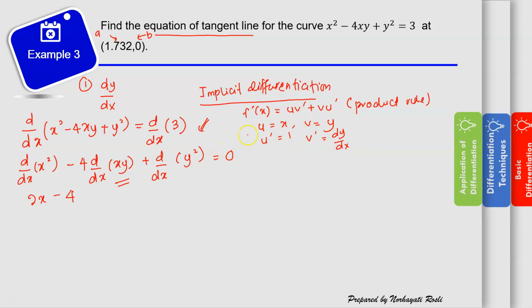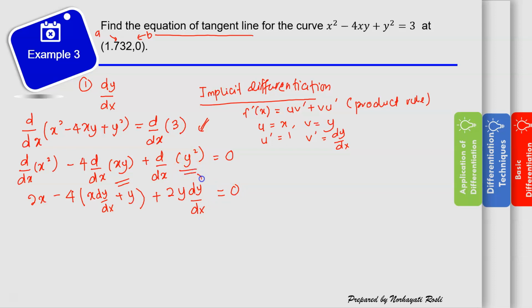So when we substitute in the differentiation formula, we have uv prime, that is x dy dx, plus vu prime, y times 1. So this is the answer for this part. Then when we differentiate the last term, we get plus 2y dy dx, which is equal to 0.